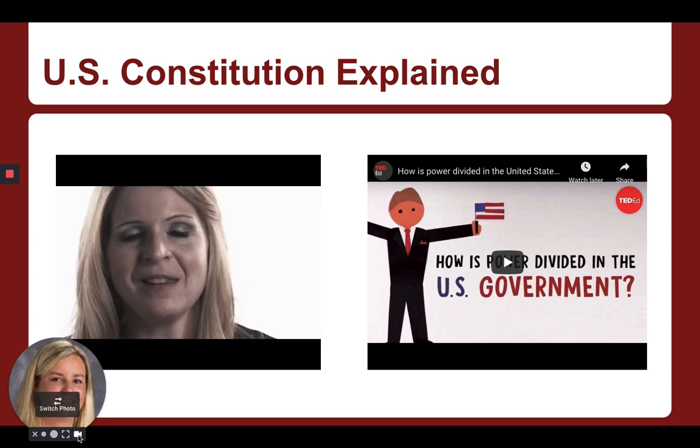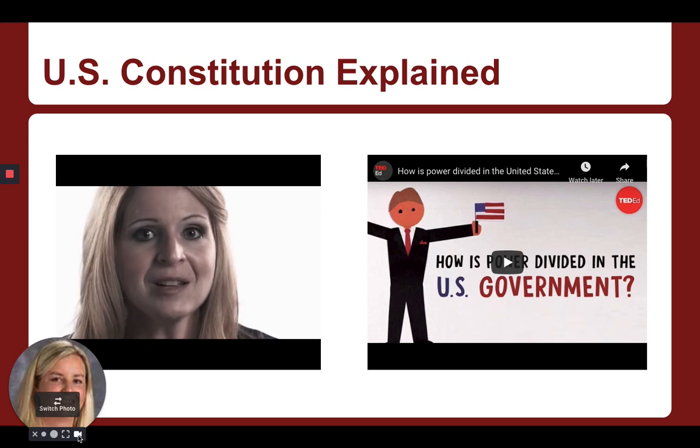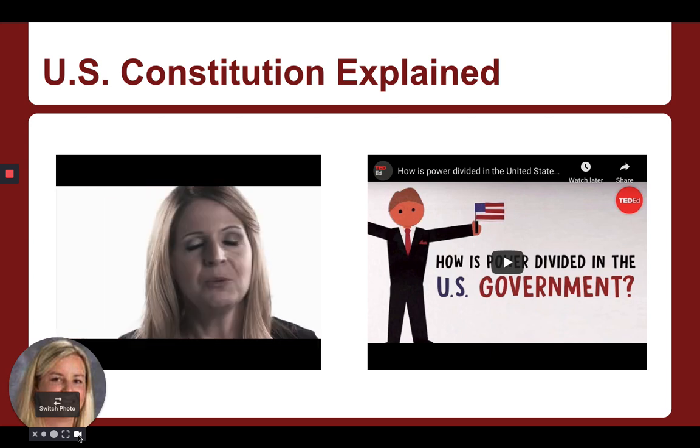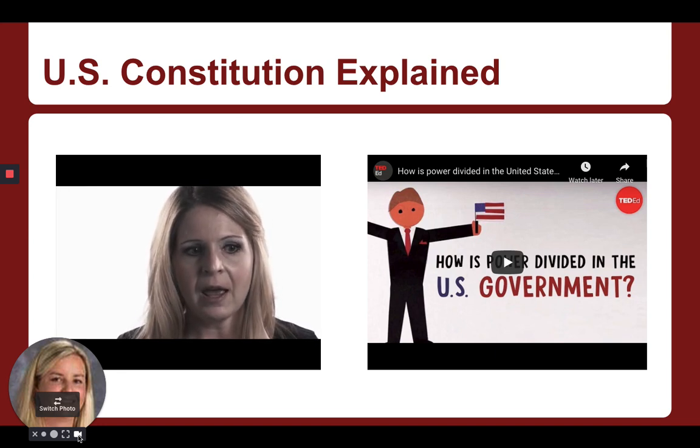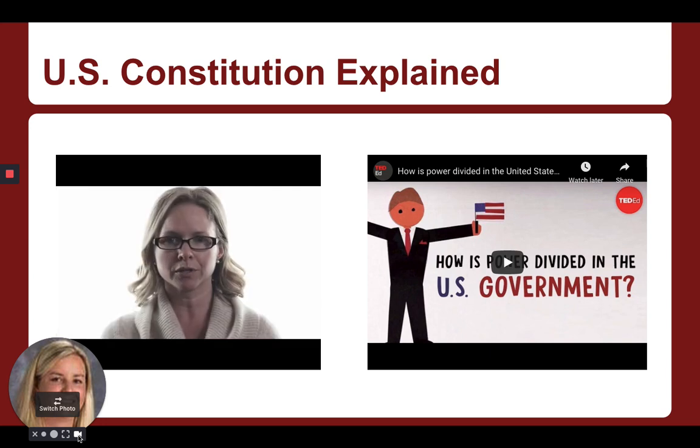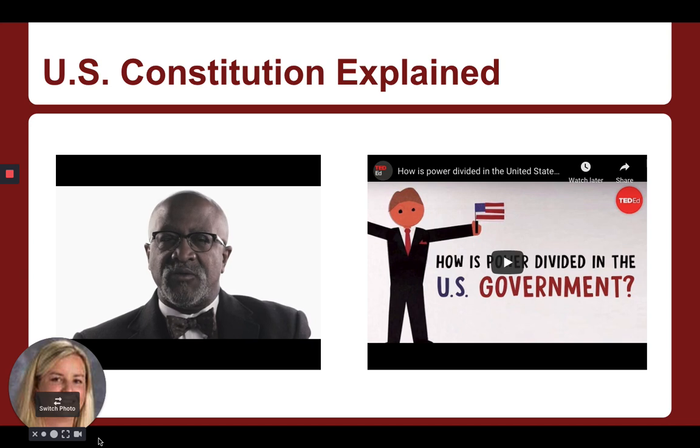The Constitution is a remarkable document in that it's lasted us over 200 years. Many other countries have experimented with representative democracy, and they've had far more constitutions than we have. When they wrote this document, they wrote a document that was flexible enough to let it stand the test of time. It was never ever meant to be etched in stone.